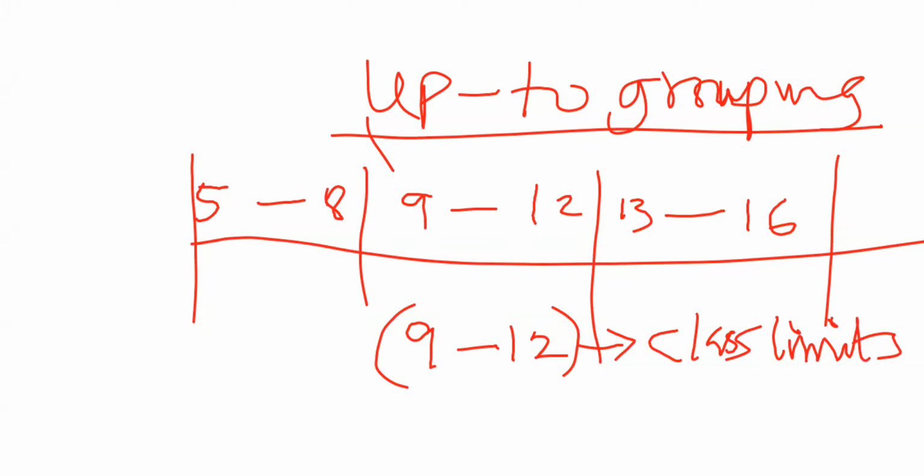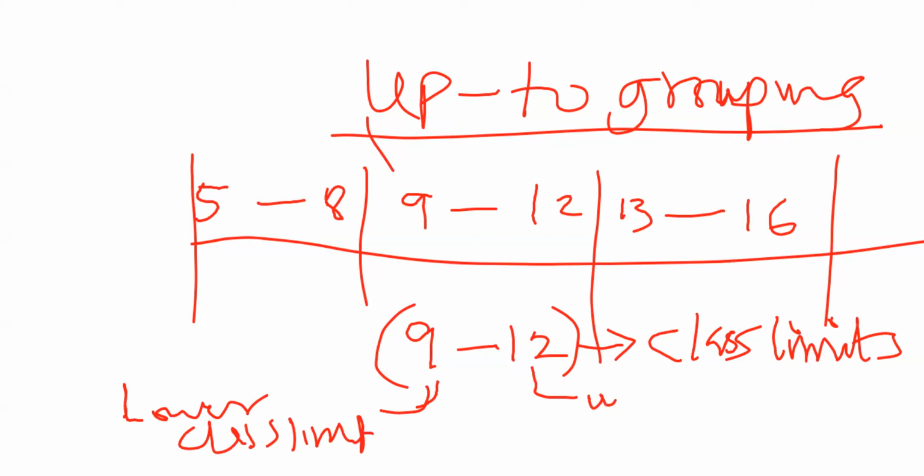When there is class limits, this 9 is called the lower class limit. This 12 is called the upper class limit.